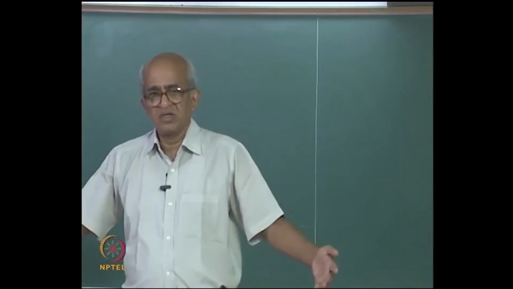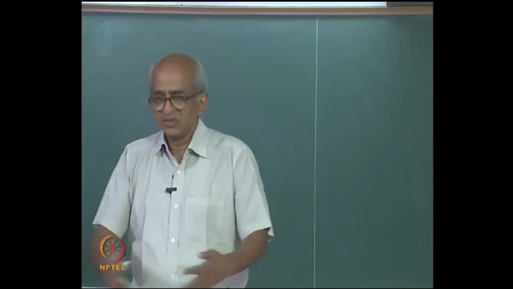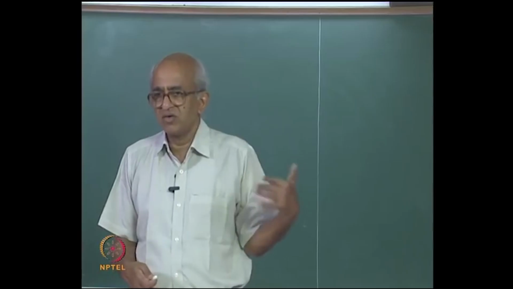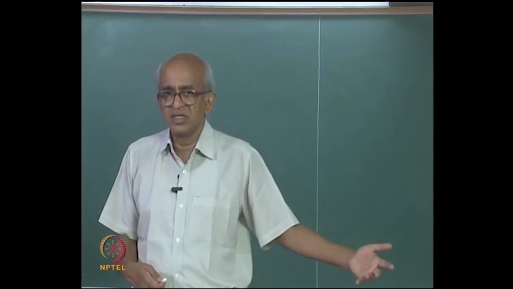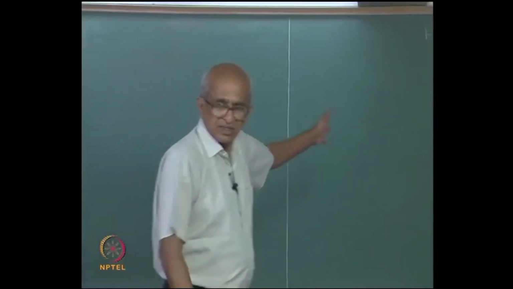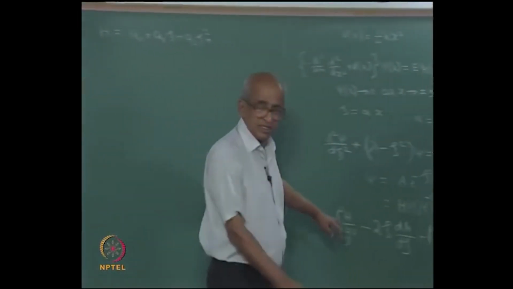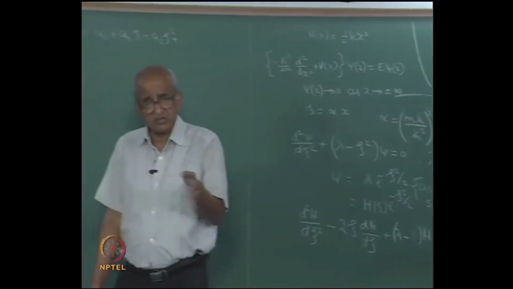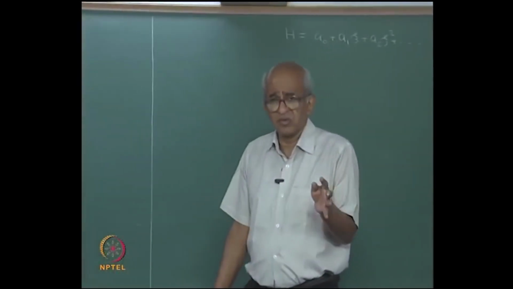Okay, I just assume a solution which is a series, and what I will do is I will try to adjust the values of the constants a0, a1, a2, a3 etcetera in such a fashion that h is going to satisfy this equation. But then if it goes to an infinite series, perhaps I may run into a problem.